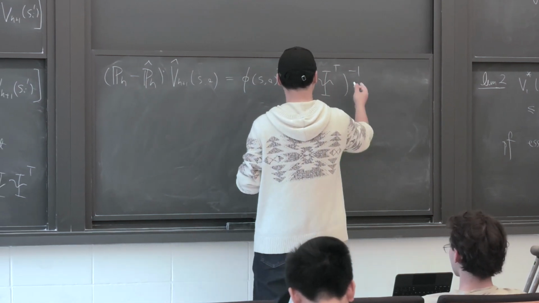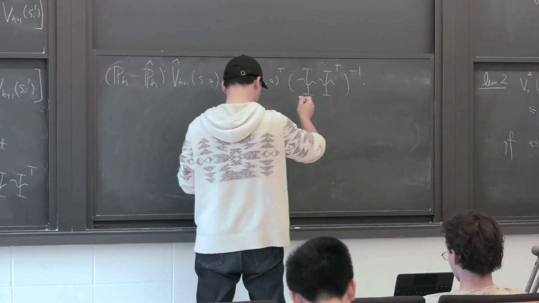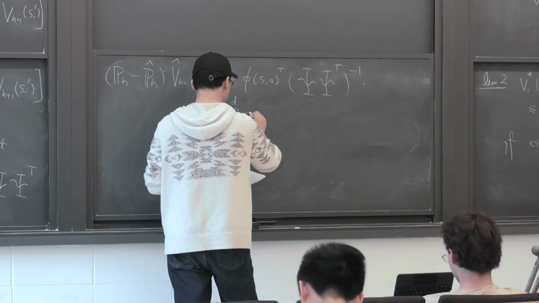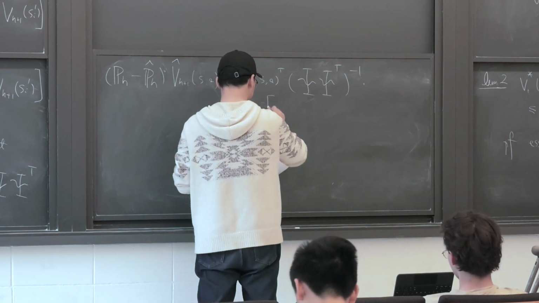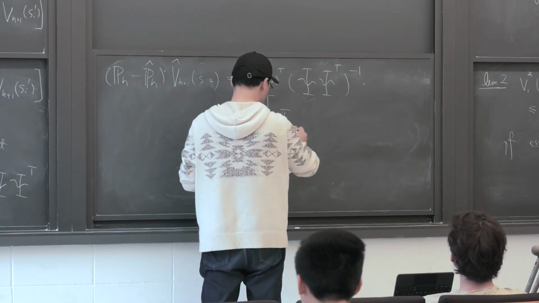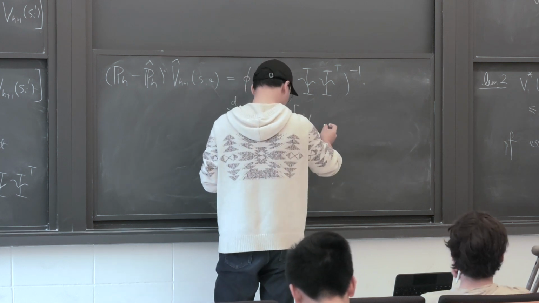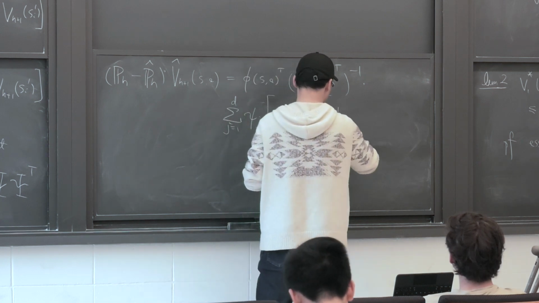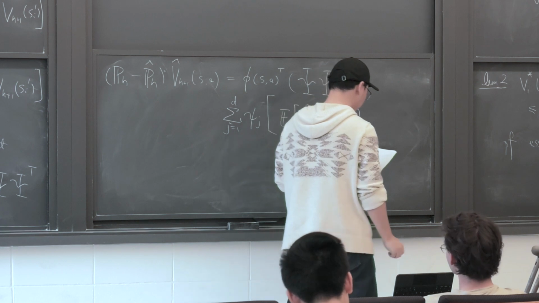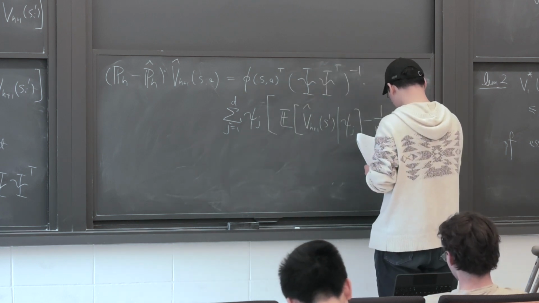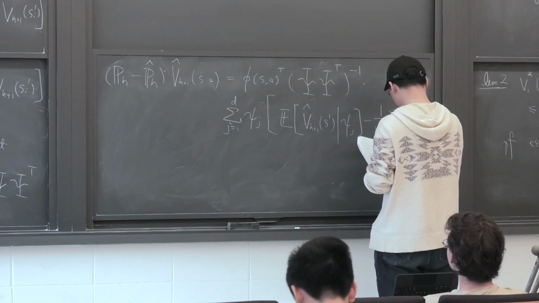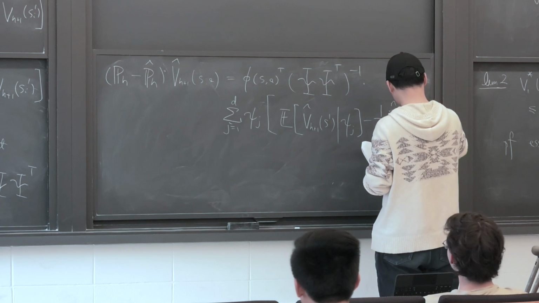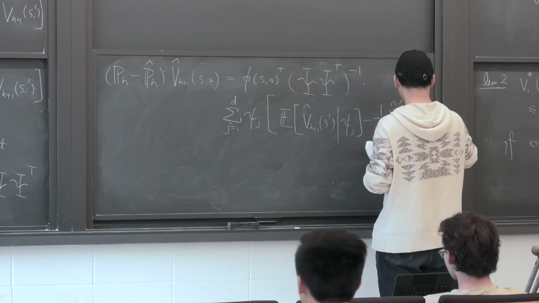And most importantly, the later part, that is times summation j from 1 to d of psi_j, and the expectation of V_{H+1} hat of S prime given psi_j, because psi_j denotes the state-action pair, subtracted by 1 over n, summation l from 1 to n, V_{H+1} hat of S_l prime.